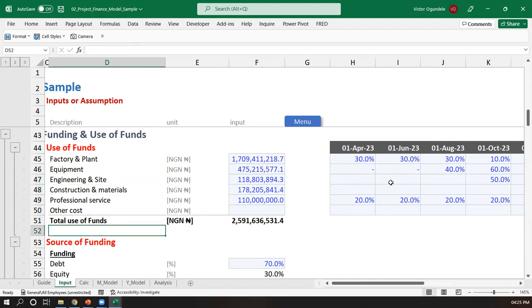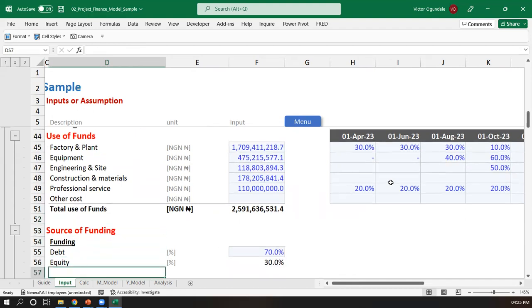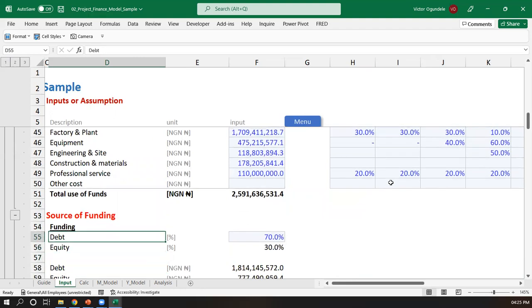Now, once you're able to list all the costs, all the professional fees, all the financing charges, and the whole thing, then you state how you plan to fund this project. So 70% or 80% will be coming from debt, and equity will be 30%. Now, that debt of 70% can be shared with different financiers. At times, they could even put it in tranches, right?